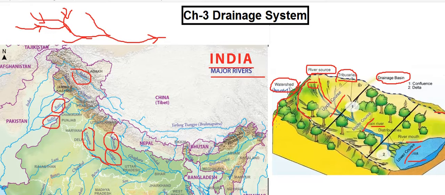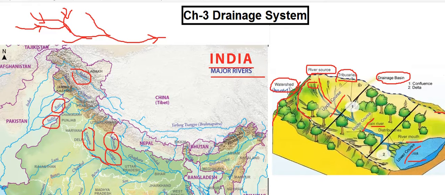I hope it is clear to you what is watershed. Okay, so this was about what is the drainage system, the factors affecting the drainage system, and some of the topics related to the drainage basin of a river.